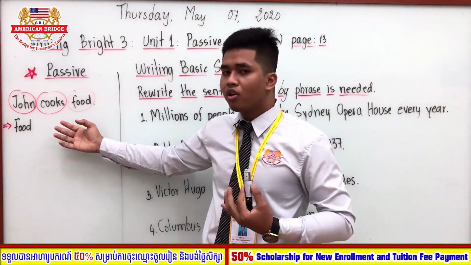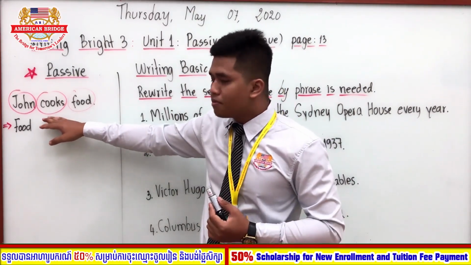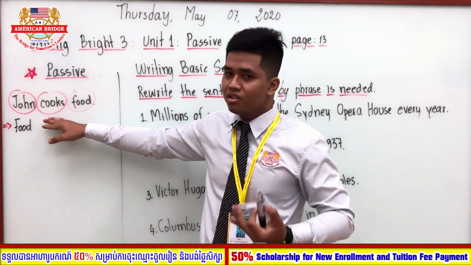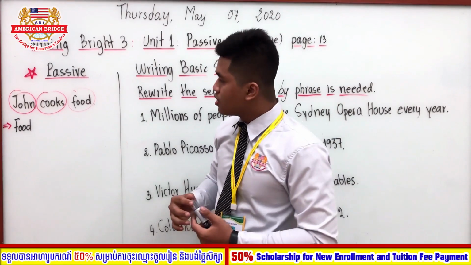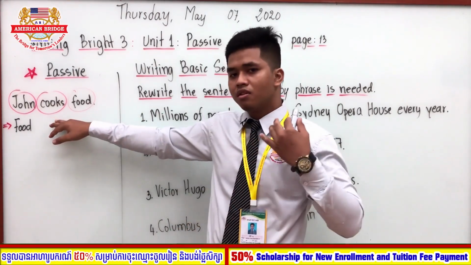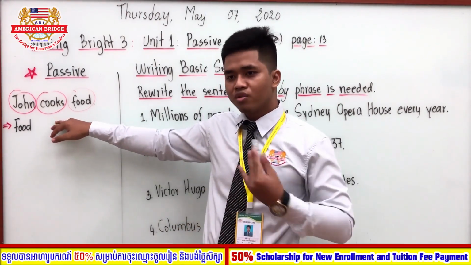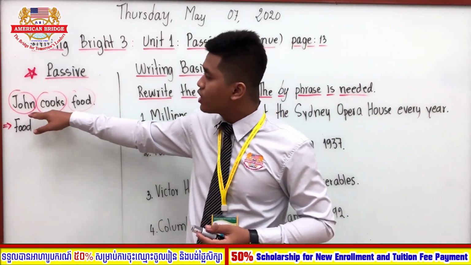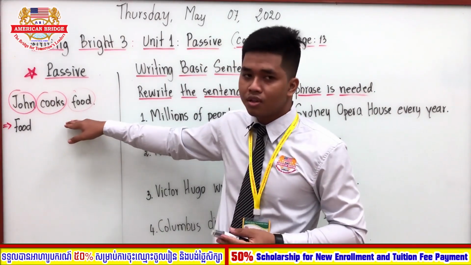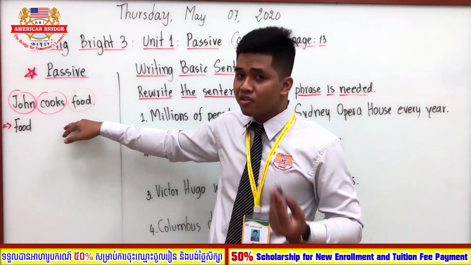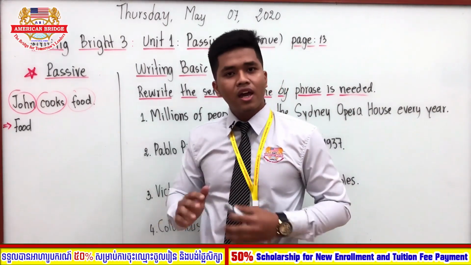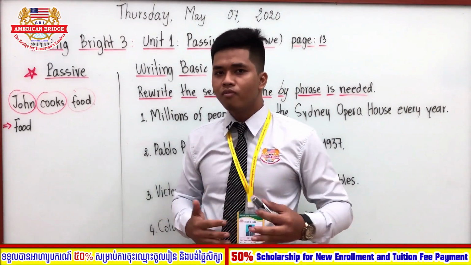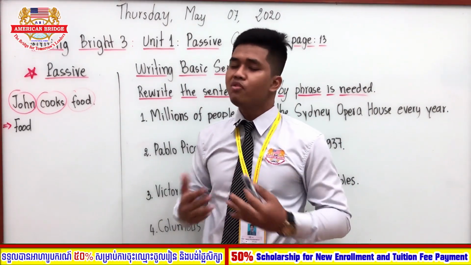Now, let's look at the verb. The next step, if we look at the verb, is it in past tense, in present tense, or in present continuous tense? So from your previous lesson, you already learned those tenses, and you can tell that this sentence is written in present simple tense. Good, so now you know the tense, and in passive form we use the be verb.